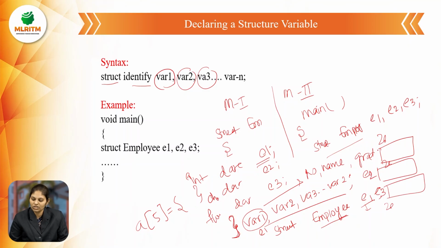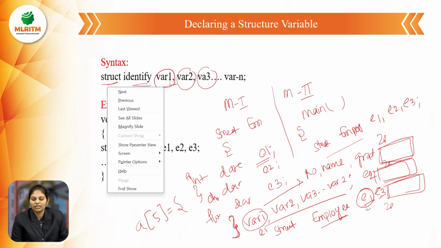So individually, one record is created in memory. Here, in struct employee E1, E1 is nothing but a variable. The syntax of declaring a structure variable is struct, the tag name employee, and the variables E1, E2, E3 up to n elements.